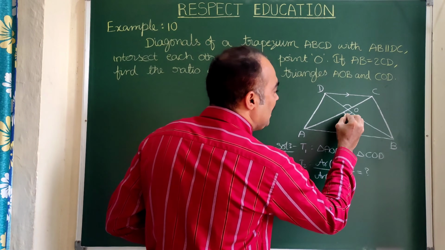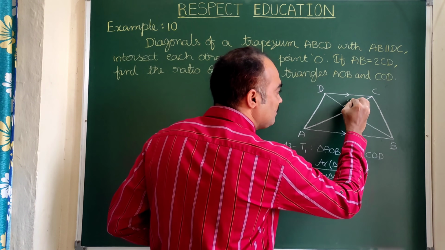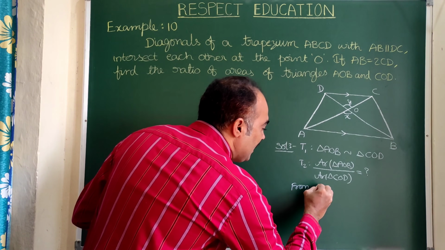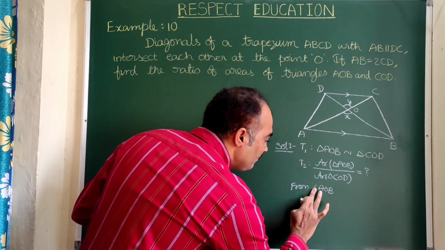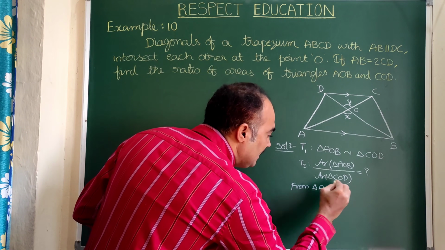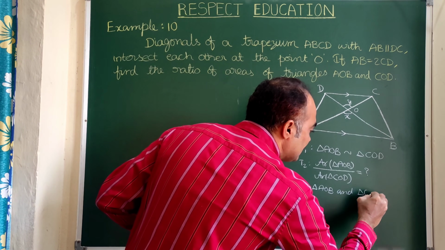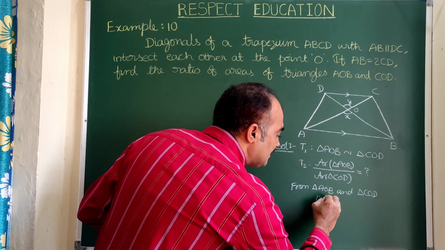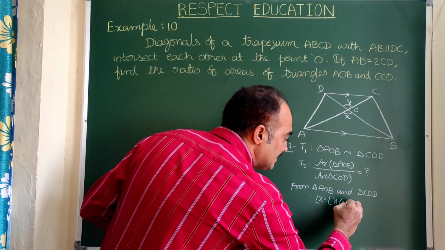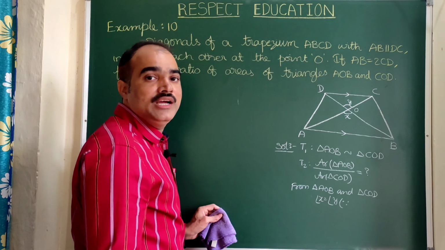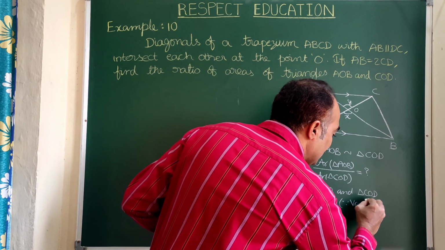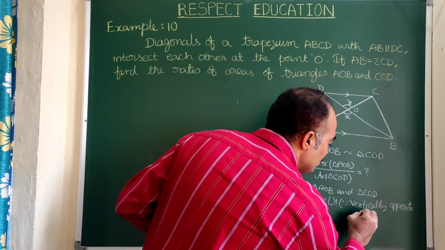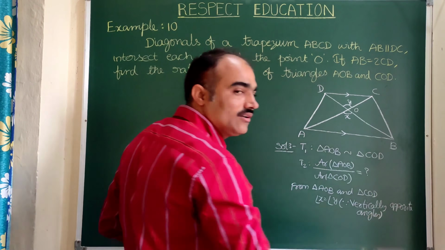To make it easier, I am writing this as X and this as Y. So from triangle AOB and triangle COD, angle X is equal to angle Y. Here the reason is that these two are vertically opposite angles, so they are equal.